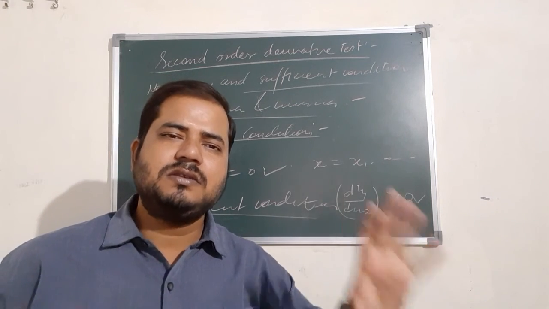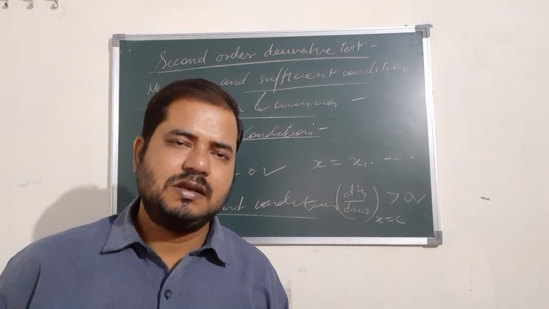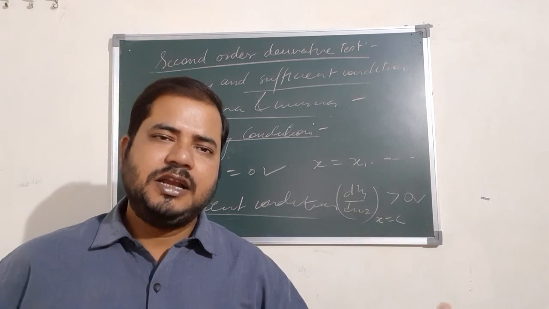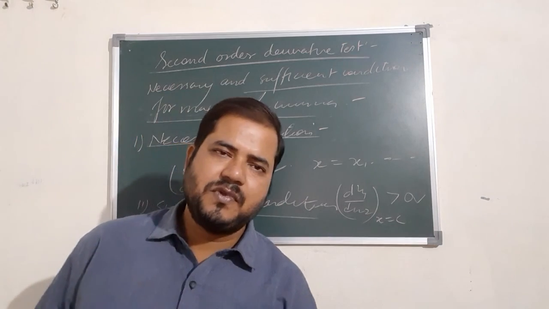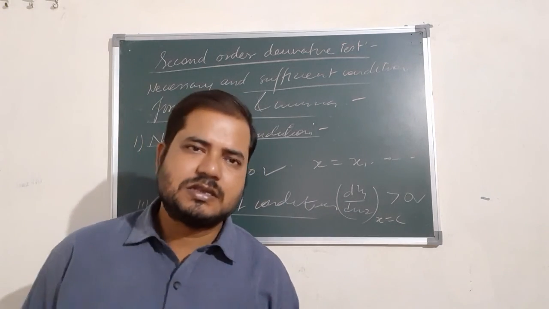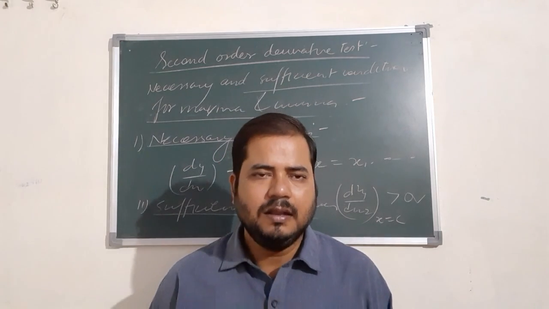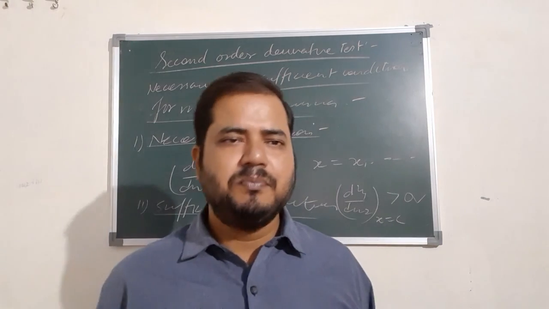This is the critical point. And then you have to check at which value of x d2y over dx2 is negative, and at which value of x it is positive. If it is negative, then it is a point of maxima and the function has the maximum value, and if it is positive, then it is a point of minima and the function has the minimum value.